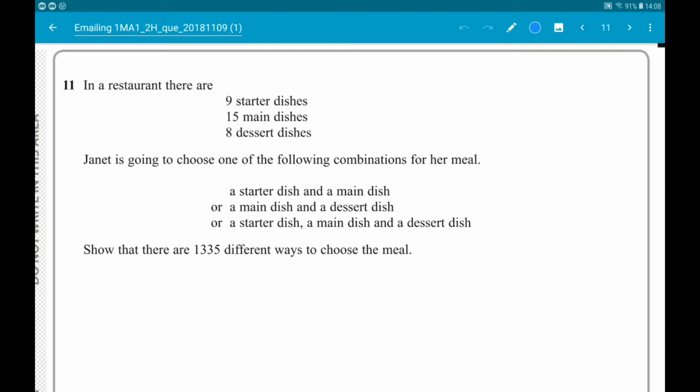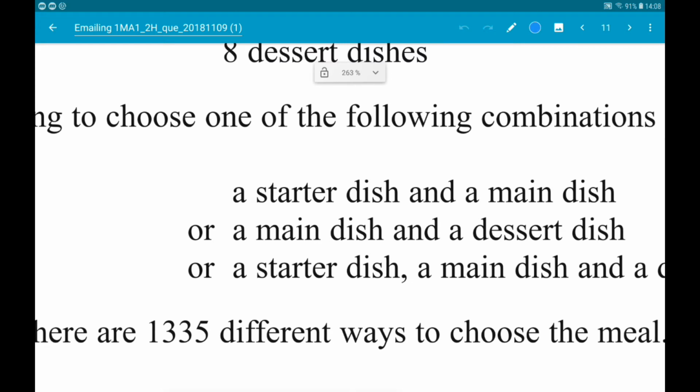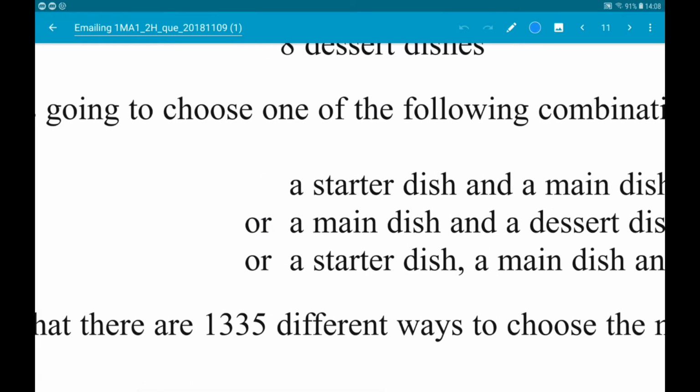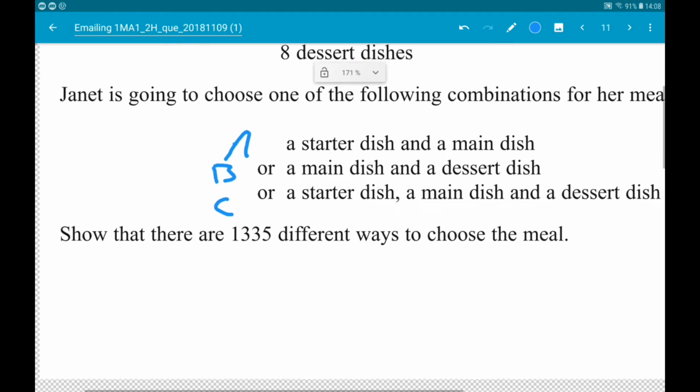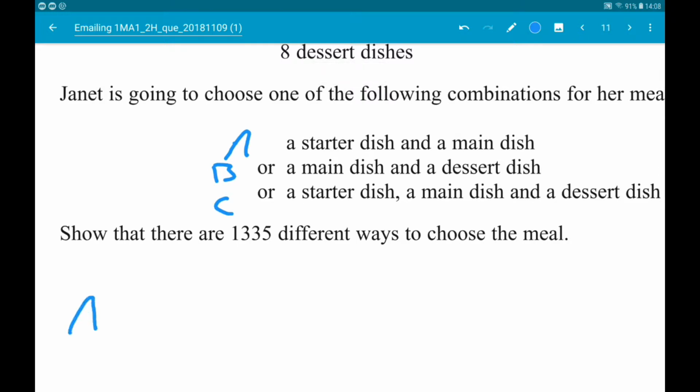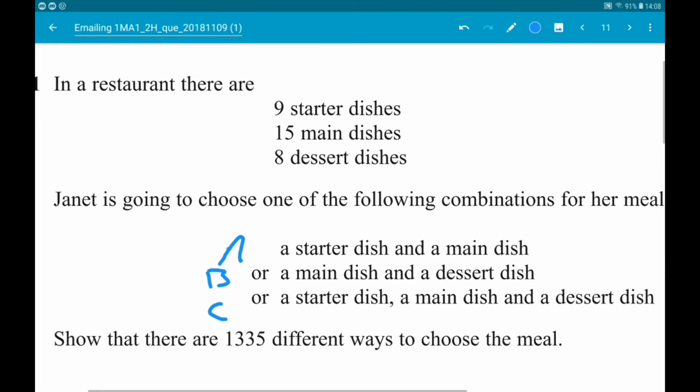Okay, so let's call these three A, B, and C. So for A, which is a starter and a main, we multiply the numbers of each together.